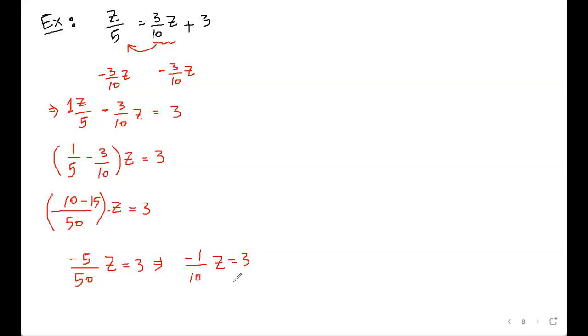Now what do I have to do here to get z equal? Do you multiply both sides by the reciprocal? Yes. What is the reciprocal? Negative 10. Yes. So multiplying by negative 10, both sides. When I multiply by negative 10, I cancel this fraction with the negative 10.